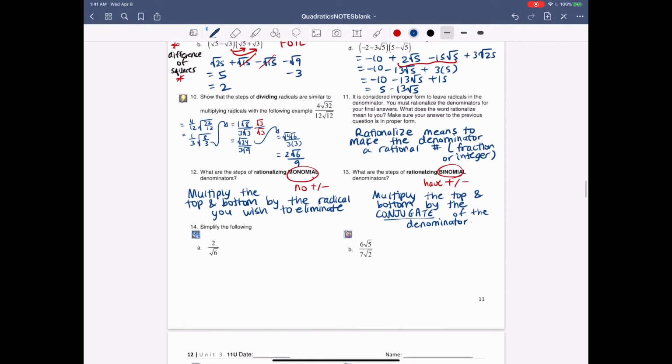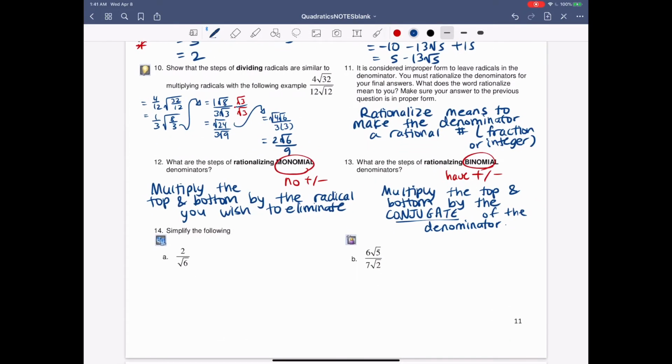So let's go through the first one. 2 divided by square root 6. You're going to multiply the top and bottom by, well, what do we want to get rid of? The square root 6. So we get 2 square root 6 divided by square root 6 times square root 6 is 36, and square root of 36 is 6.